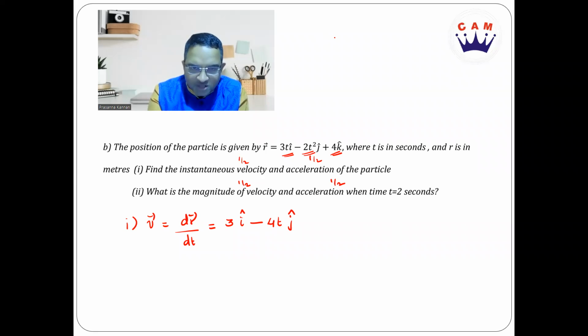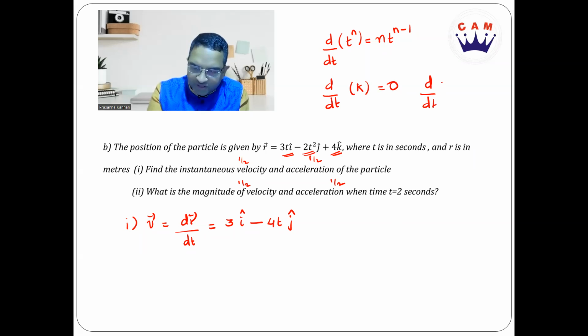See, if you're differentiating with respect to t, t power n differentiation can be written as nt power n minus 1. Differentiation of a constant is going to be 0. Differentiation of a constant multiplied by t power n: k you keep as it is, and nt power n minus 1.